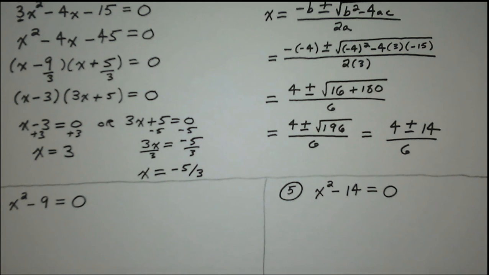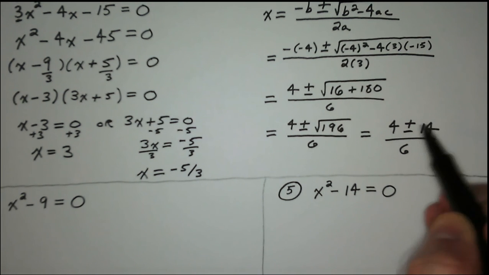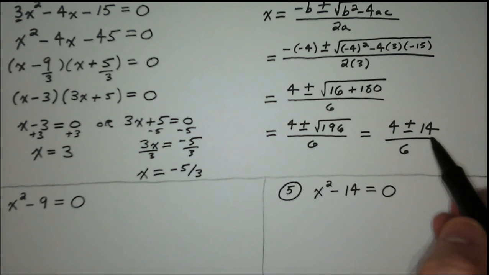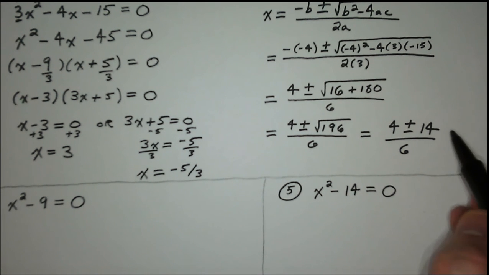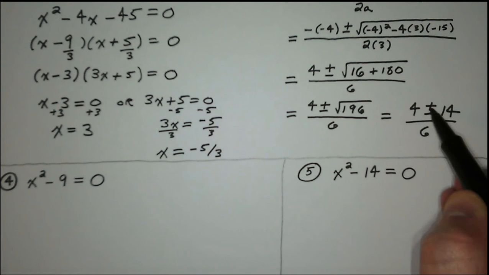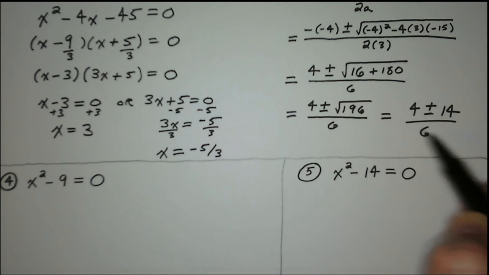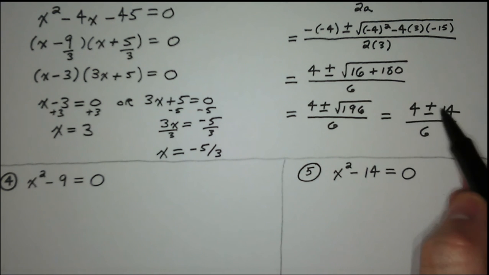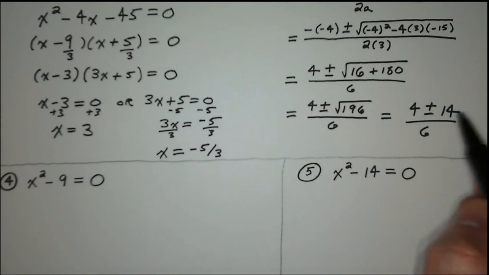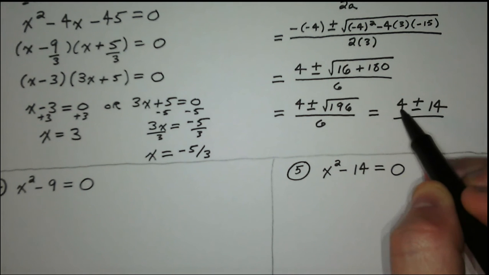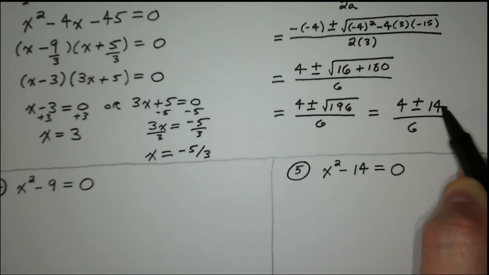Okay? So now what you would have to do is take this all the way to the end. You would actually simplify it all the way. And for your first answer, you would do 4 plus 14, which is 20. Idiot. What am I saying?